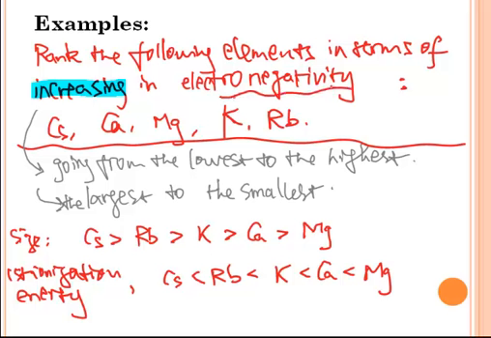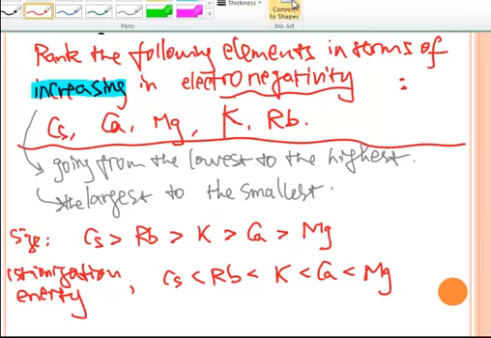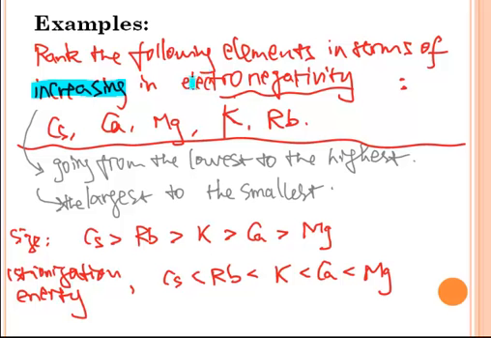Okay, electronegativity. And in this case, same analysis of the problem. We're looking at increasing, which means from the smallest to the biggest electronegativity, from the lowest to the highest.